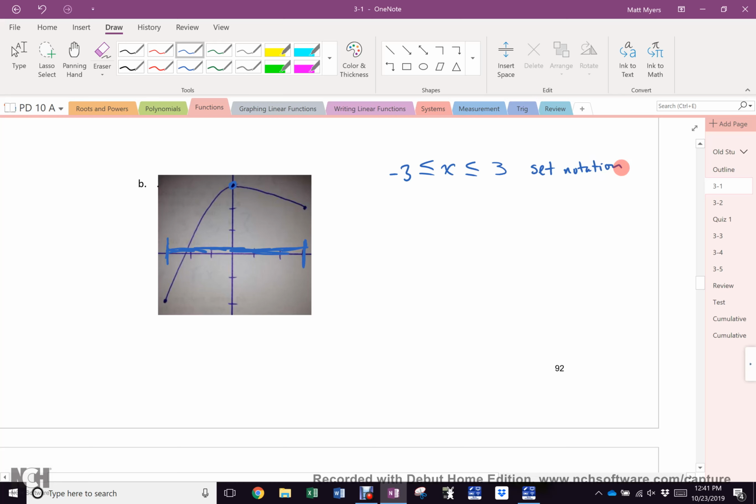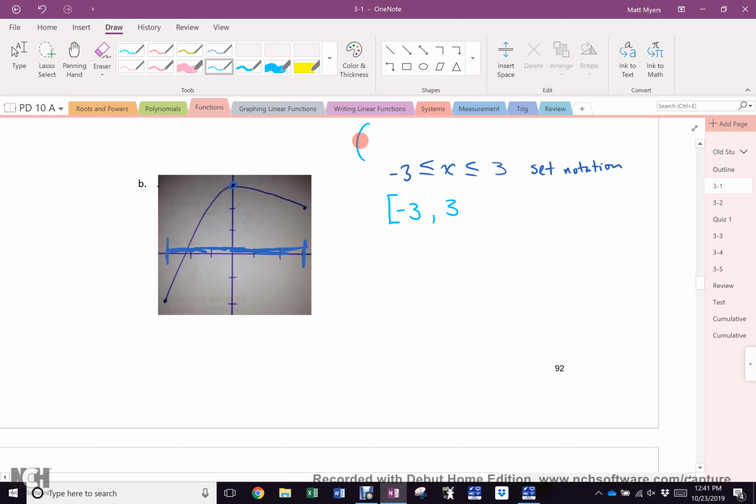Now there's another way we can write this. And we write it this way. And I'm going to change to a light blue because I'm using blue for domains. -3, comma, 3. Because it goes from -3 to 3. And because -3 is included, we draw an actual bracket.